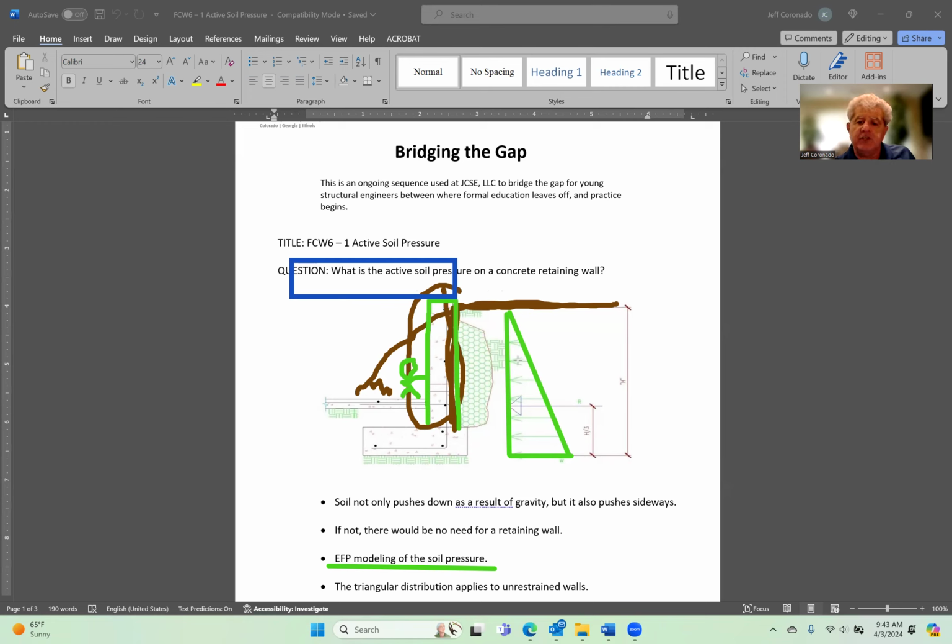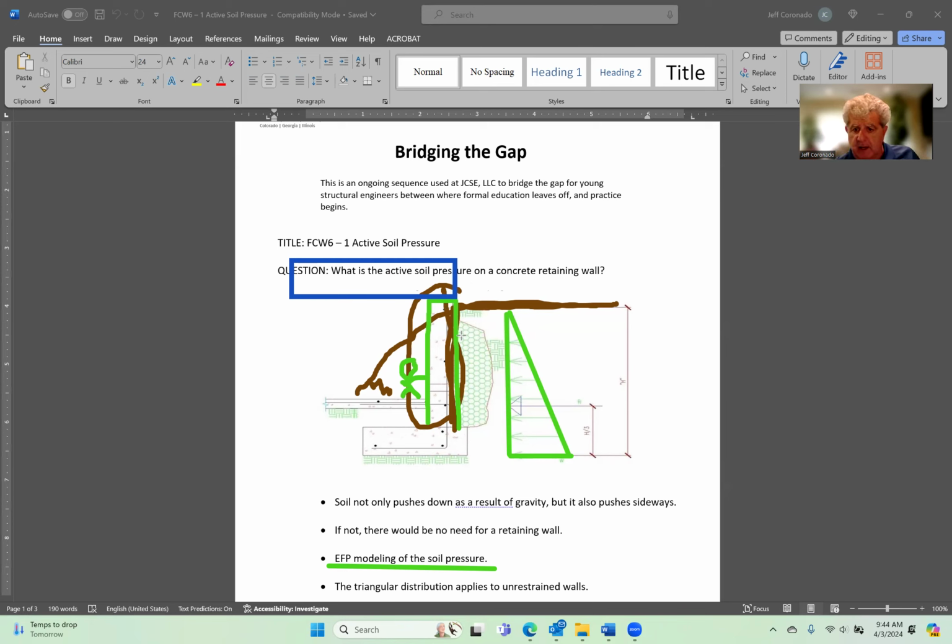We then would not generate this triangular pressure. So it's real important to distinguish cantilever retaining walls from retaining walls that are restrained at the top. The soil behavior will be different.